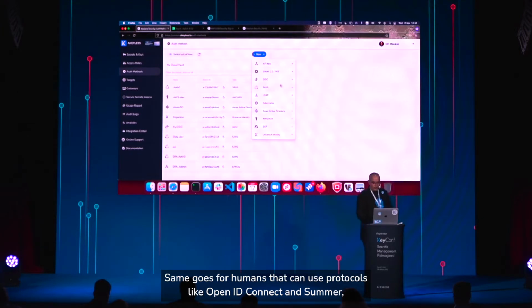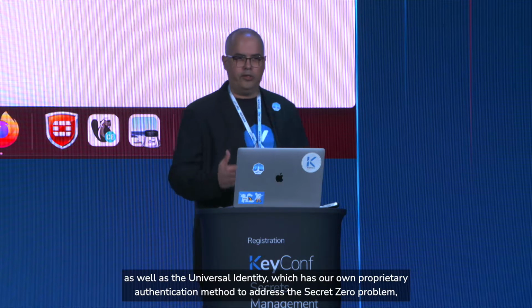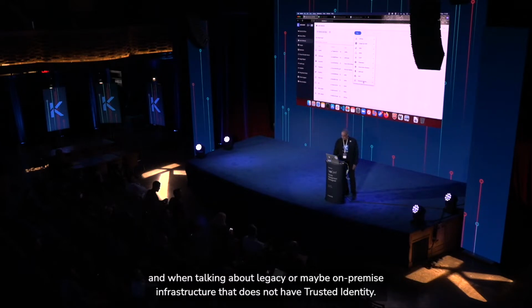Same goes for humans that can use protocols like OpenID Connect and SAML, as well as the universal identity, which is our own proprietary authentication method to address the secret zero problem when talking about legacy or maybe on-premise infrastructure that does not have trusted identity.